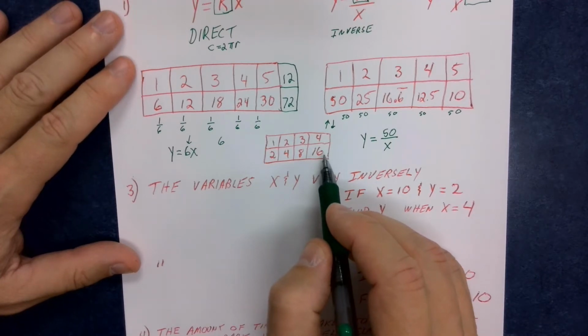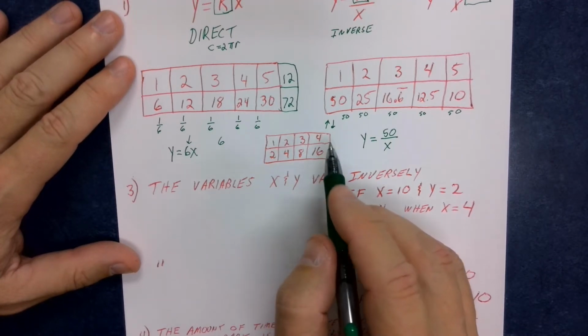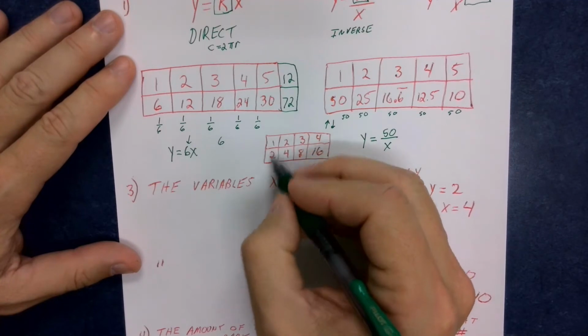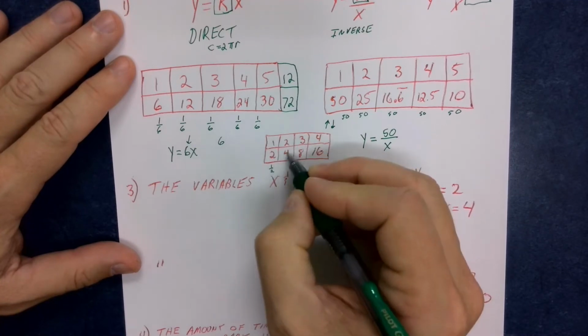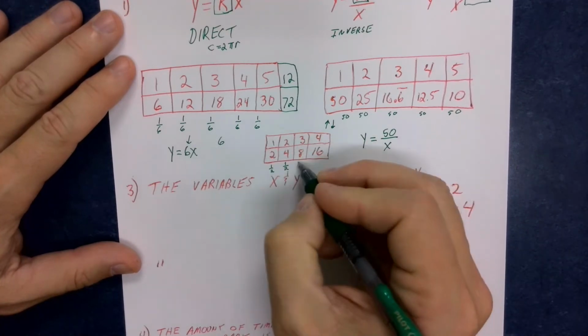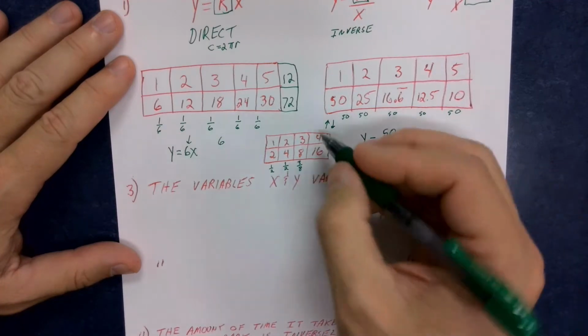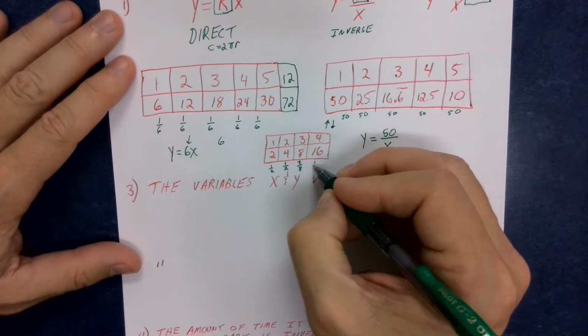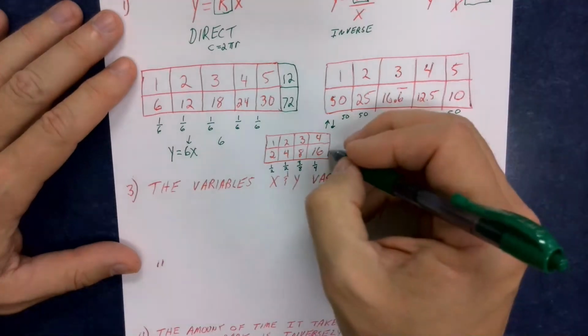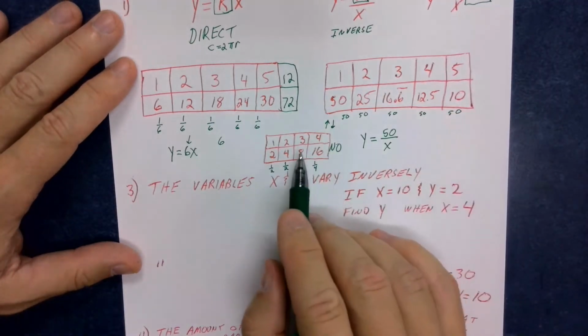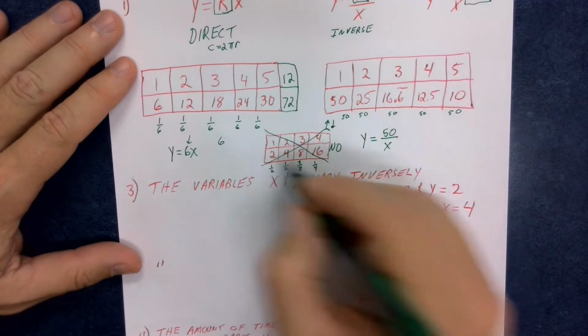But remember, we said we had to do the divisions. So let's check. This ratio is 1/2. This ratio is 1/2. This one is 3/8, that's not 1/2. And this one is 4/16 or 1/4. So this is no. This is not a direct or inverse variation relationship.